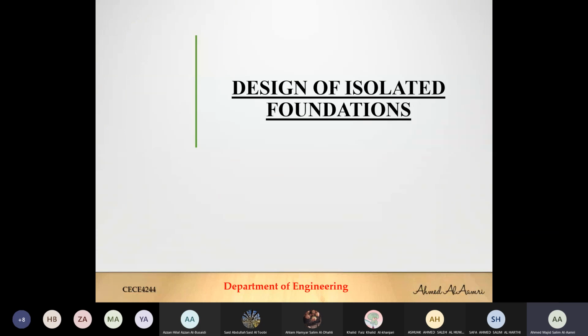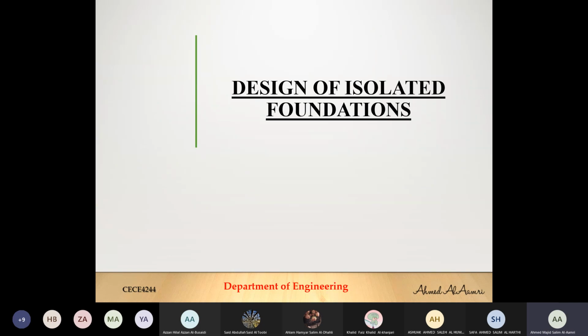So once again, today's topic is the design of isolated foundations. Isolated foundation, as Ms. Mazoon told you, has different forms. Sometimes we call them pad foundations, which can be either isolated or combined.